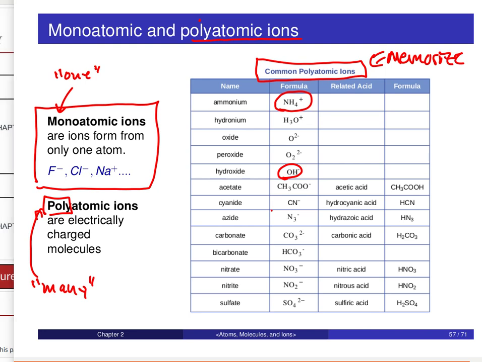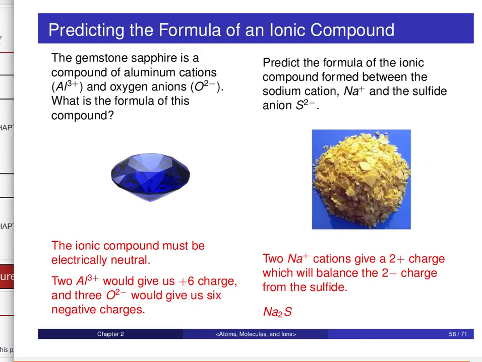Okay, so with that, we're now ready to do our final little application of everything we've learned here. And it turns out that using these principles of the most likely ion to form, we can look at the periodic table and use that prediction to predict the formula for ionic compounds.